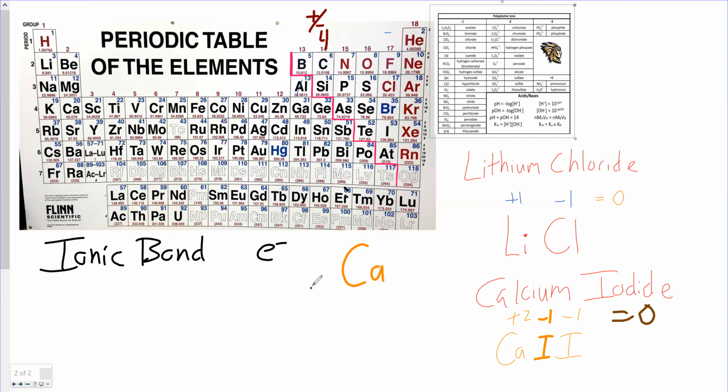Then we had an iodine. How many iodines did we have? We had 2. So that's why it gets a little 2 down here to say that you had 2 of those iodines. That's what that means. So the formula for calcium iodide is CaI2. CaI2.